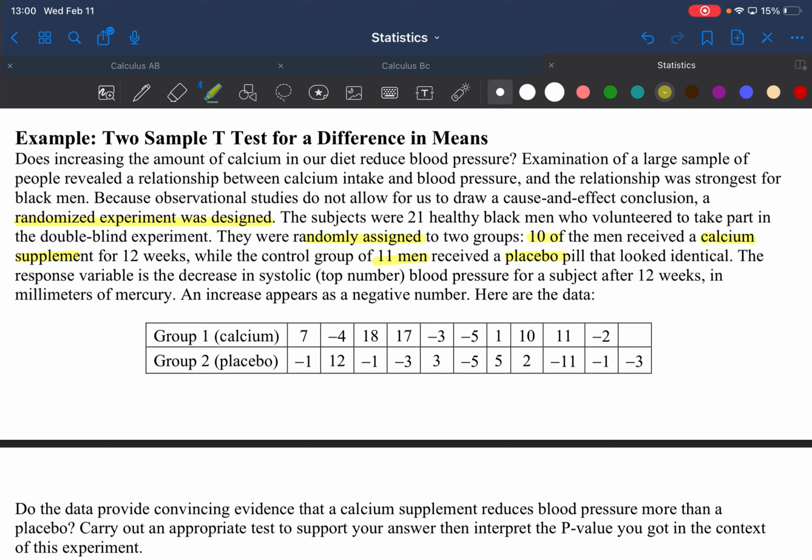So we could say that these parameters are describing the mean difference in systolic blood pressure for the calcium group, and then the same thing, but then for the placebo group.